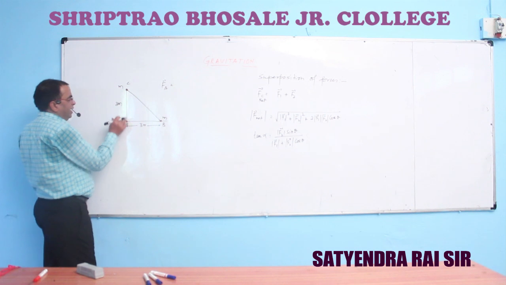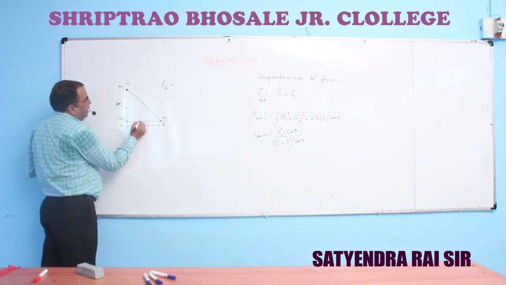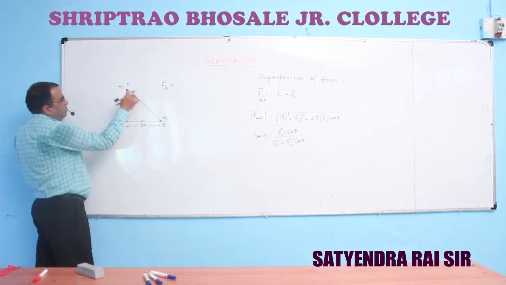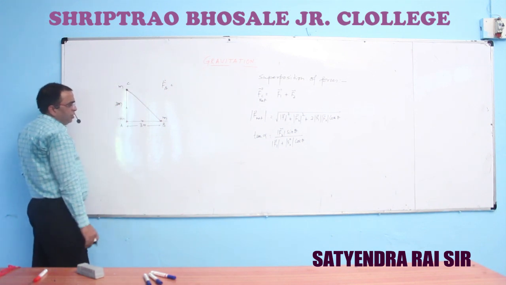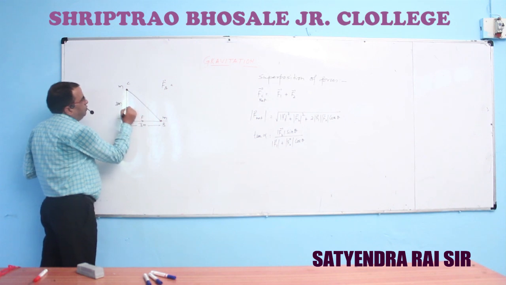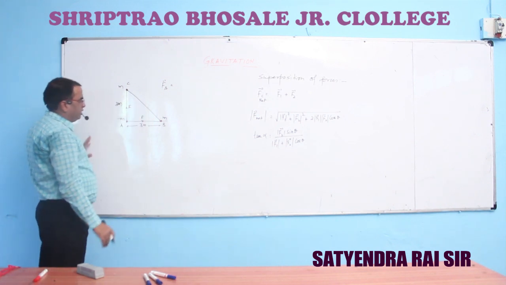So here, let us see what the case is. The particle at A is attracted by these two masses placed at B as well as C, and these two forces are equal, F and F. Any doubt?